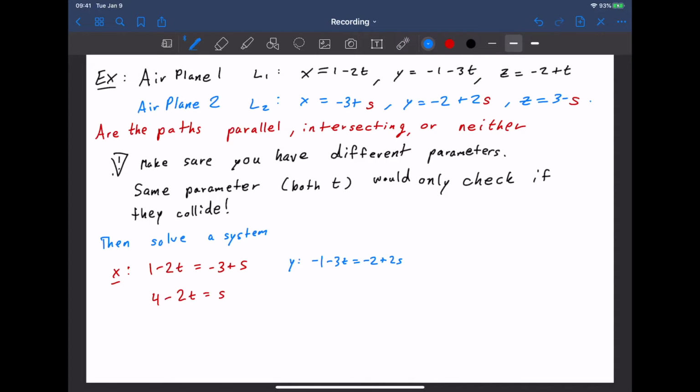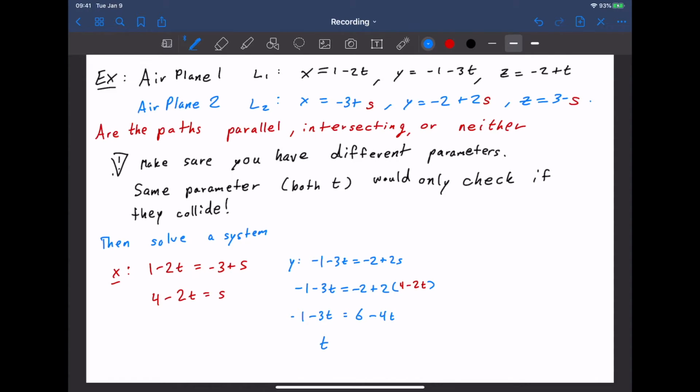I'm going to substitute what I know the s to be. Negative 2 plus 2 times 4 minus 2t. Distribute and simplify. We're going to get negative 2 plus 8, which is 6, minus 4t.